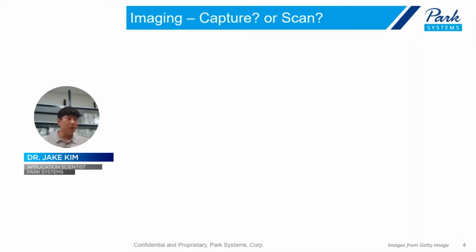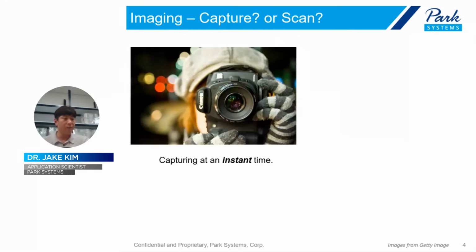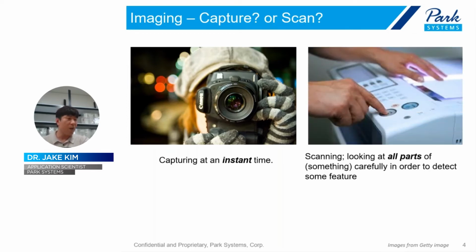And when people think about imaging, most of them tell me, oh, it is from capturing, like taking a picture. However, for imaging, we have another option, like scanning. Of course, capturing is quite simple and fast. It's quite a good option, but using scanning, we are able to look at all parts of the surface.